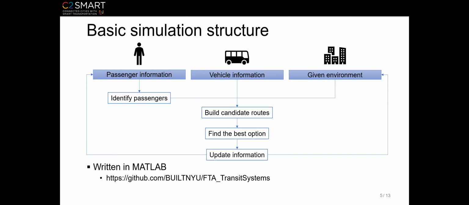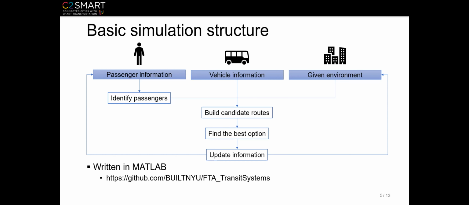Then for each time step, we can track the location of the passengers and vehicles. And based on the updated information, we can re-identify passengers at the next time step, and the simulation goes on.